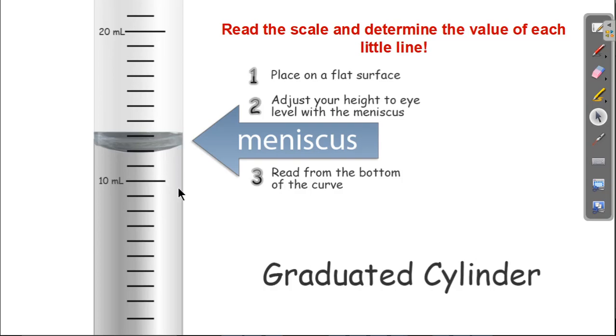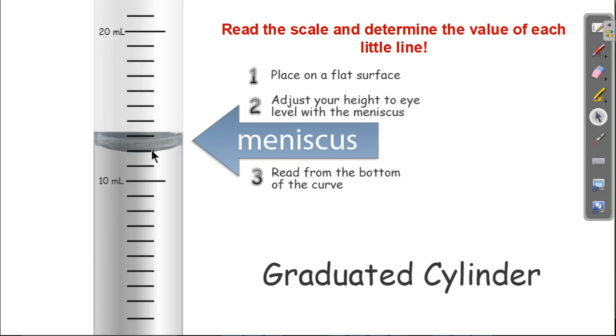And when you have a meniscus, there is a right way of reading it and a wrong way of reading it. When you want to read the meniscus, you always read the bottom part of the meniscus, not the top part, okay? Now, if I was reading this graduated cylinder, I would say, okay, I know for sure this is 10 milliliters and then 1, 2 for sure. Remember what I said to you.